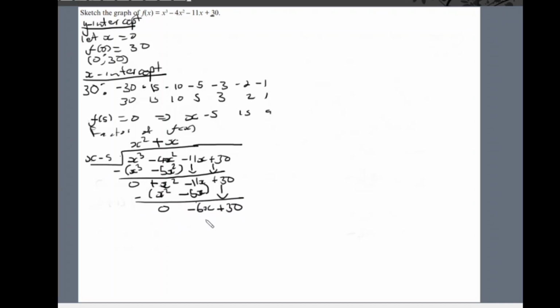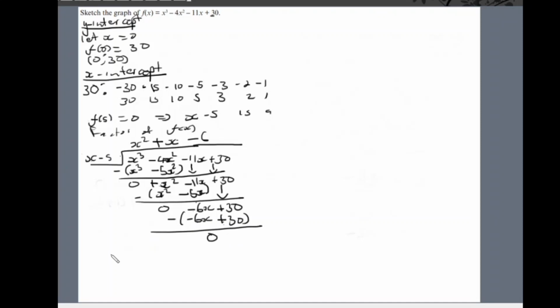And then I divide minus 6x by x, I'll get minus 6, right? And then I take x minus 5 and multiply by minus 6, and I'll have minus 6x plus 30, right? And then I subtract. Minus 6x plus 6x is 0, 30 minus 30 is 0.